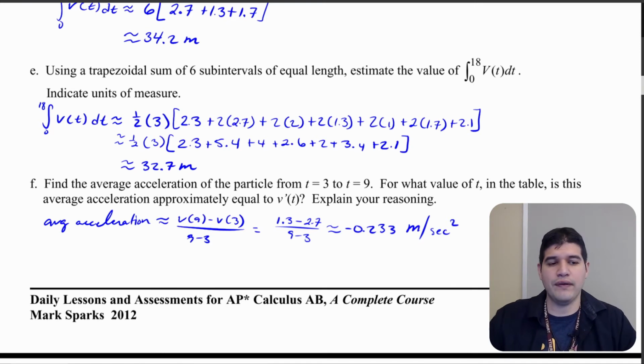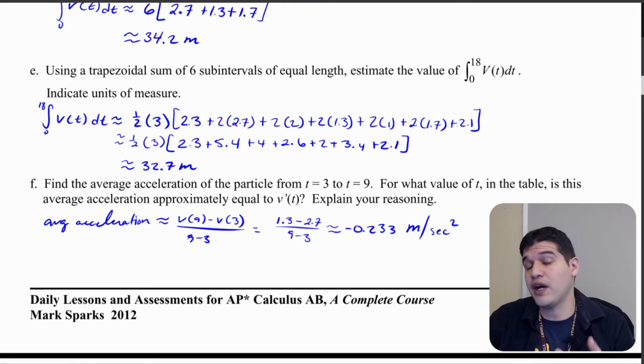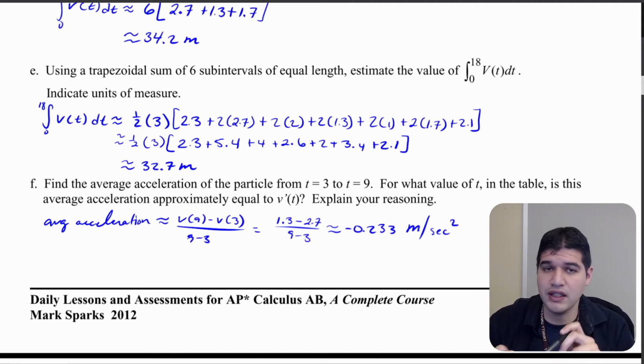One thing we're going to have to assume here is that this table gives us the values of a twice differentiable function. That's very important, because we're going to bring in the mean value theorem. In order for the mean value theorem to work, we need to know that the function is differentiable at every value between 3 and 9, and that it's continuous everywhere from 3 to 9.